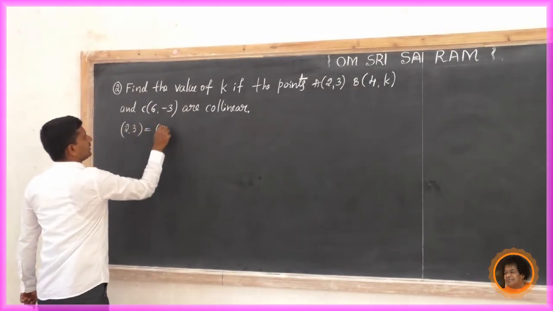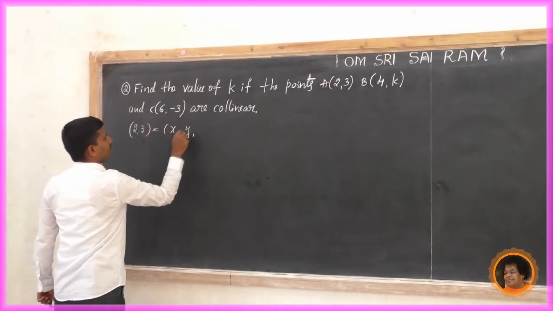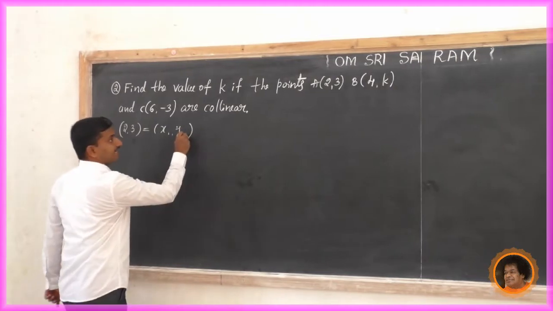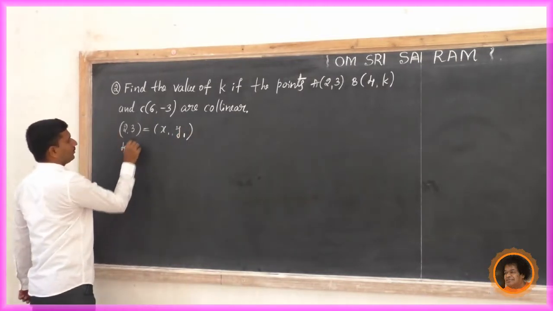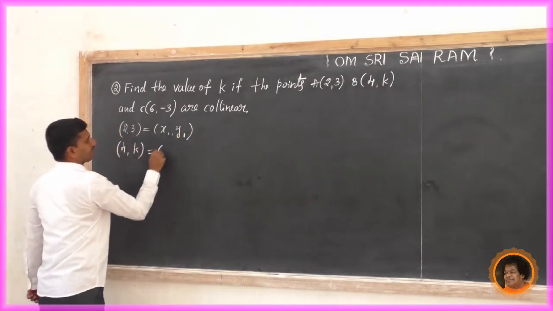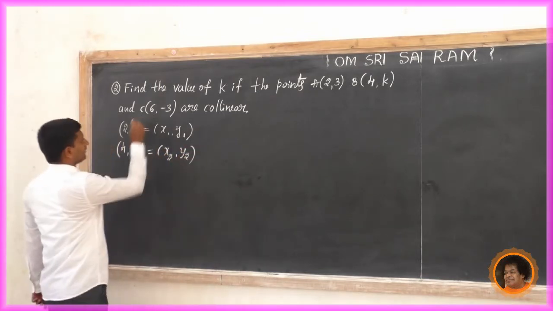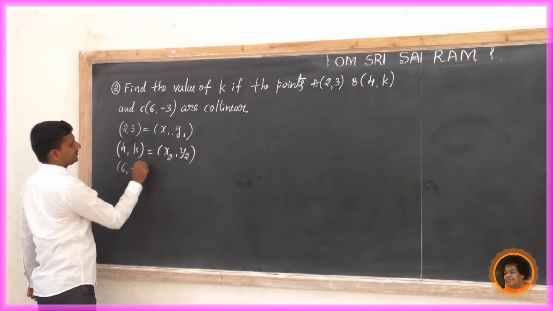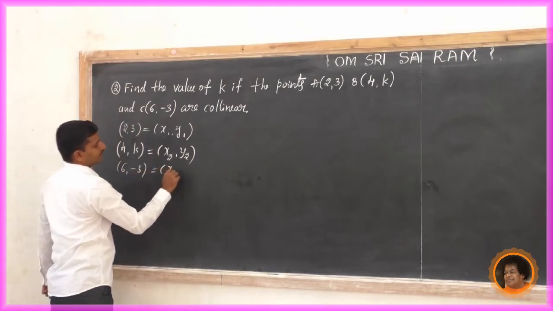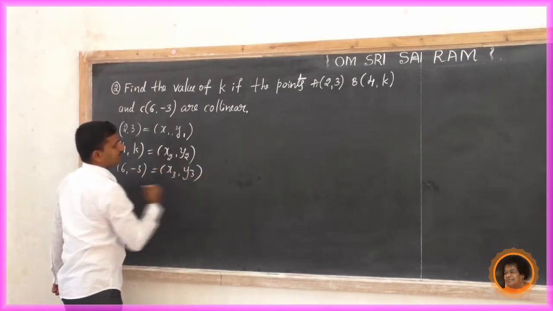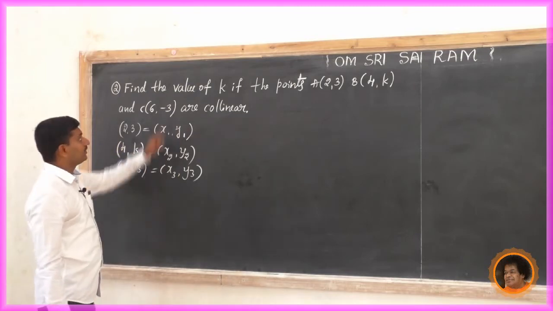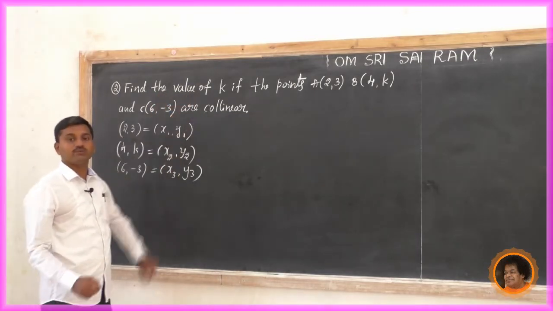So this is x1, y1. Let us consider the second coordinate point (4, k) as x2, y2, and the third coordinate point (6, -3) as x3, y3. What is the question given? Find the value of k.